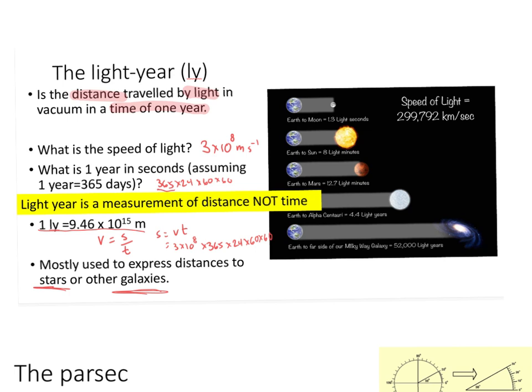In reality, our galaxy, the Milky Way, has a diameter of about 100,000 light years. So you can see that it's very useful to find the distance between stars and different galaxies.